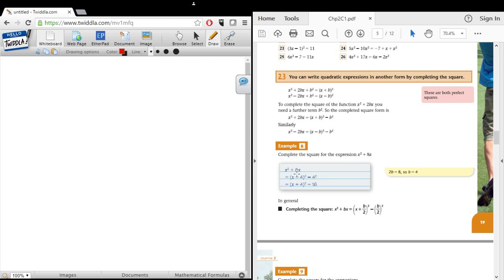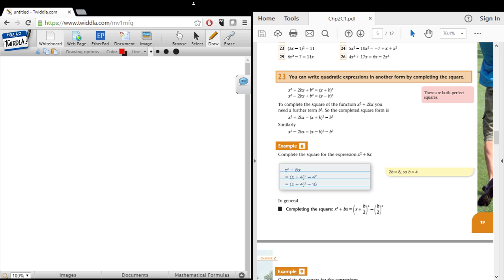Remember, our 2b in this case gives us 8, and so b is 4, so it goes inside the bracket, and again we have the squared, and we, as is done here, take the b squared over to the other side, right?